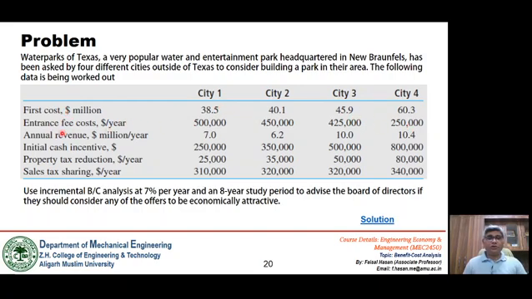First cost is given, entrance fee cost is given, revenue is given, initial cash incentive is given, property tax reduction is given, sales tax sharing is given. Accordingly we have to decide the total cost and the benefits. So we first have to see what the benefits are and what the total cost is.